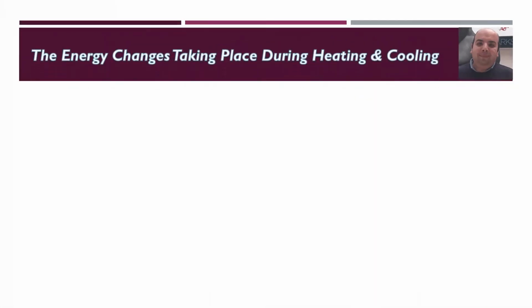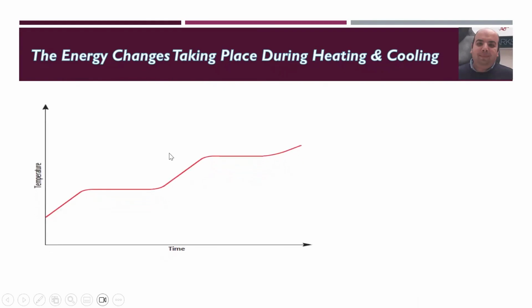Let's look at how the temperature changes during these processes, the energy change taking place during heating and cooling. On a heating curve, the temperature rises with heating in regions where a single state is present, like this one.